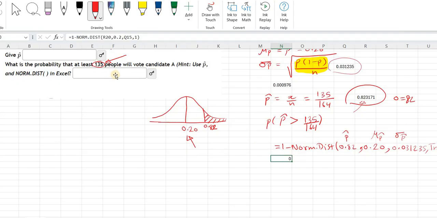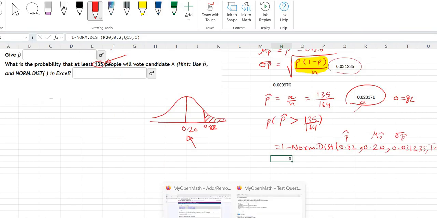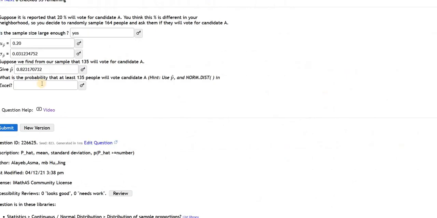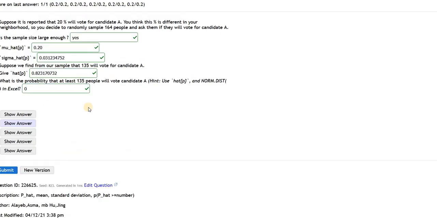So it is impossible, so the probability is 0, so that tells me it is impossible for 135 out of the 164 to vote for candidate A with that small probability of voting, which is 20%, so 0. The answer there is 0.